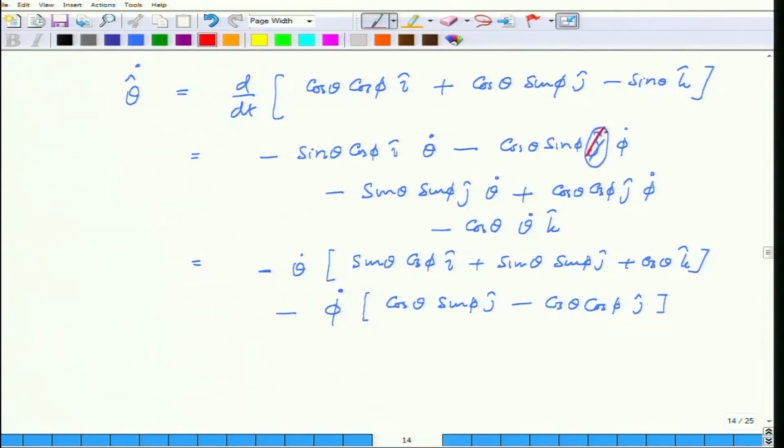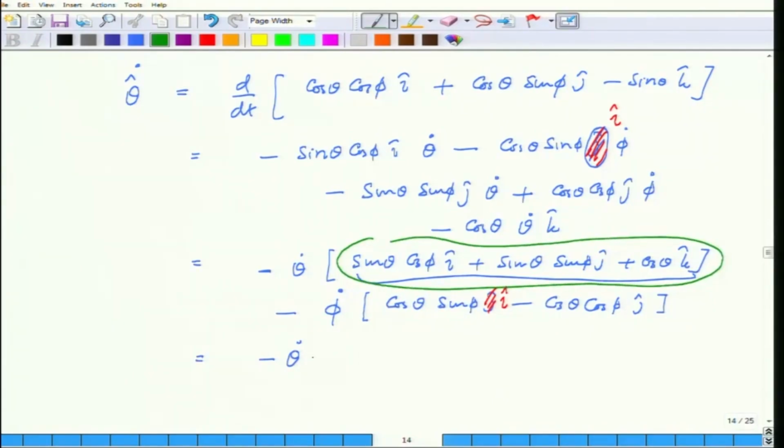Mistake here, I'm correcting it with red, this was i. So what I get is minus theta dot, and you can recognize this unit vector here. Let me circle this with green, is nothing but r unit vector.